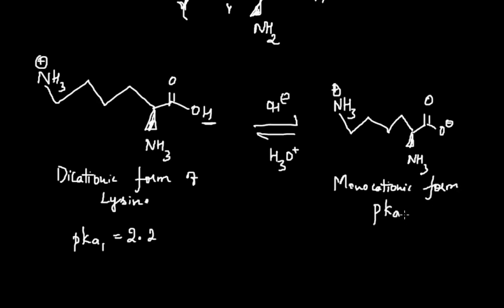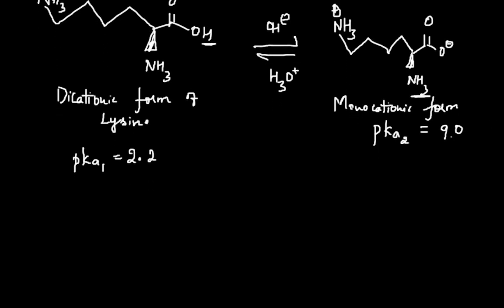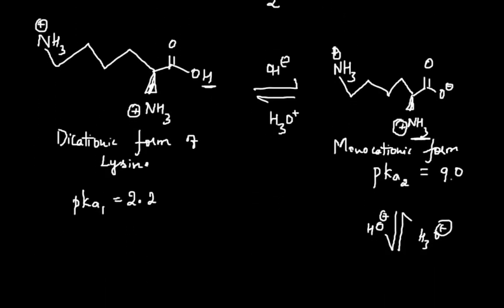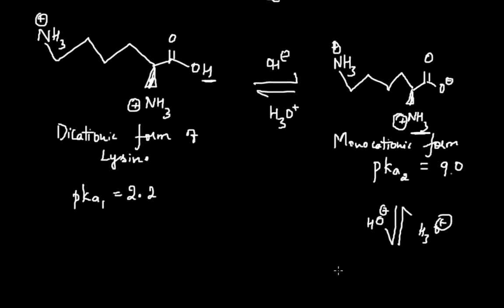Here the pKa2 of this particular proton is 9.0. Now when further base is added, OH-, when some more base is added, what will happen is, again, this is your monocationic form, and this is your dicationic form.